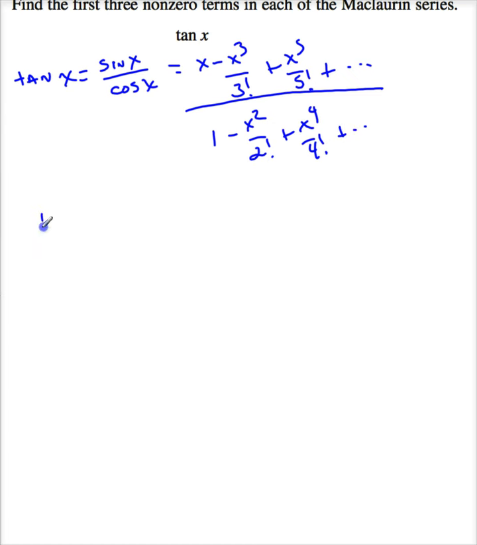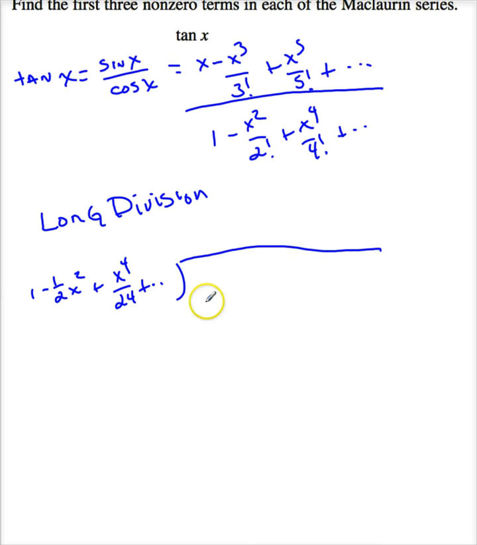Now, what you need here is long division. I'm sorry, it is a mess. I think these were easy. So I'm going to have 1 minus 1/2 x squared plus x to the fourth over 24 plus etc. And I'm going to divide that into x minus x cubed over 6 plus x to the fifth over 120. The good news is you really only need to go to the first 3, maybe 4.